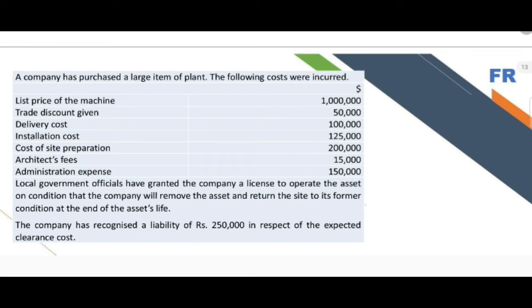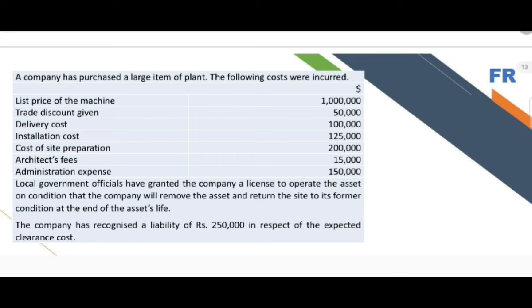Now I will consider an example. The list price of machine, trade discount, delivery cost, installation cost, site preparation, architect fee and administration expenses have been given to you. Now they have given some further information that local government officials have granted the company a license to operate the asset on condition that the company will remove the asset and return the site to its former condition at the end of the asset's life.